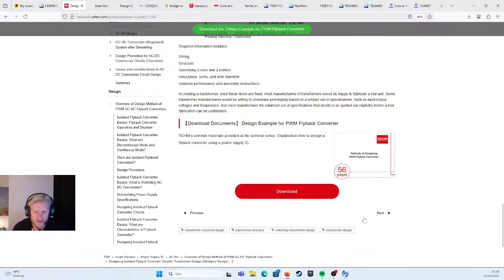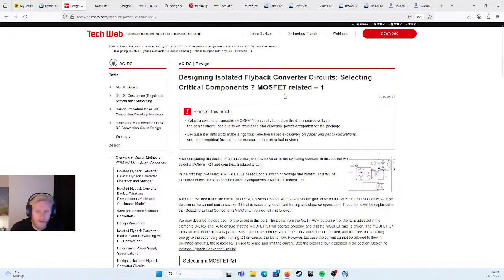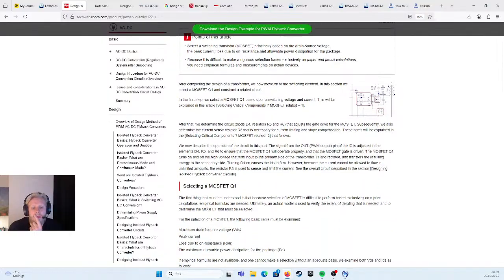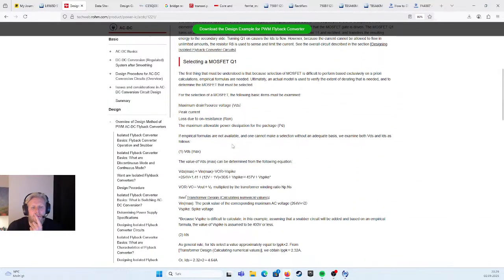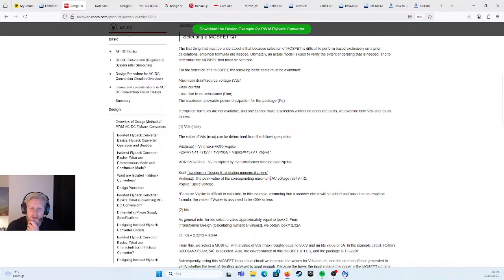This is a bit more of a custom transformer, and that's why I kind of cheated a little bit by selecting one off the shelf based off turns ratio and output current and everything. So I think it would work for our application, though I'm not 100% sure, so I would need to verify that. But we can move on, selecting critical components, for example, the MOSFET, which needs to handle those spikes, yes, because of the leakage inductance.